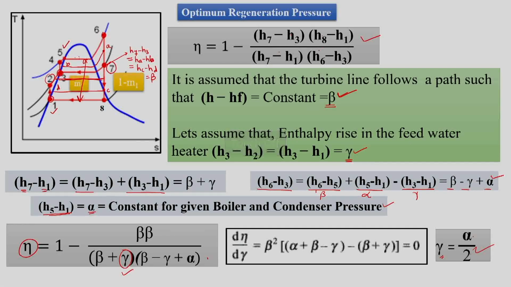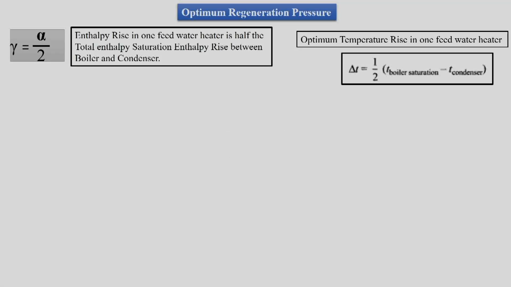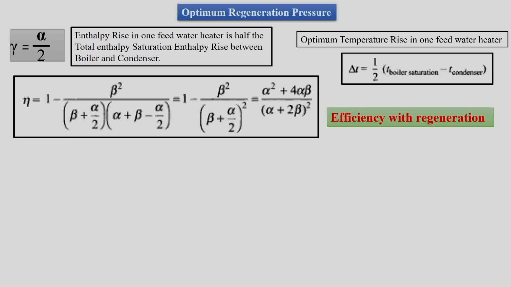So, the enthalpy rise has to be half, and since the enthalpy rise is half, the corresponding temperature rise should also be half in the feed water heater. So, delta T in the feed water heating, or temperature rise, is half of the boiler minus condenser saturation temperature.